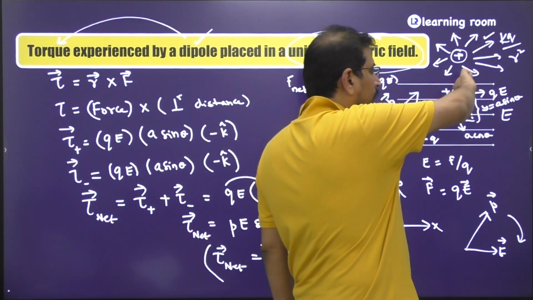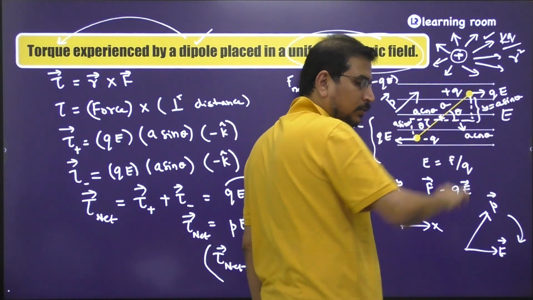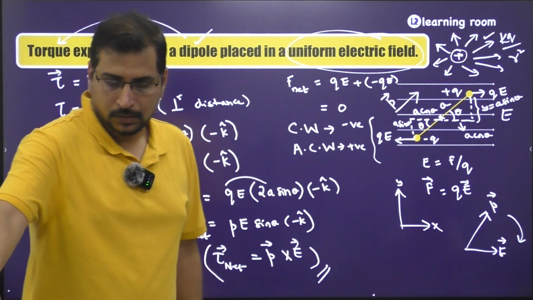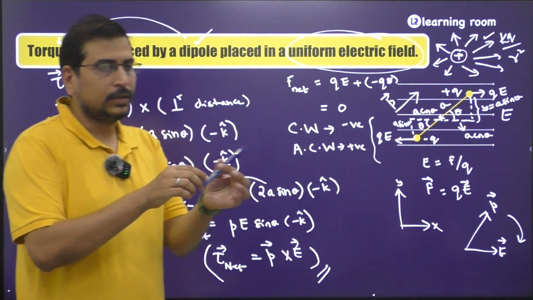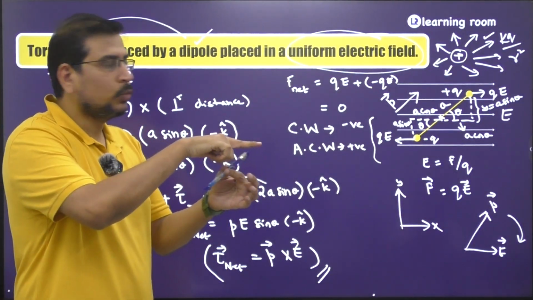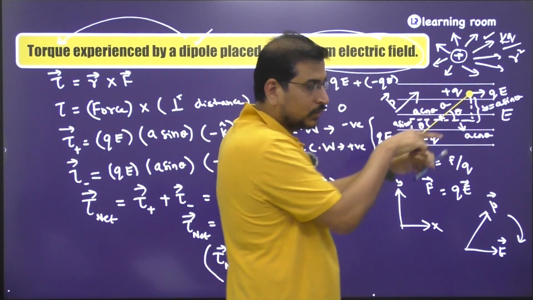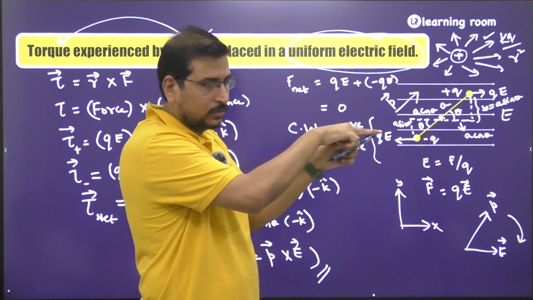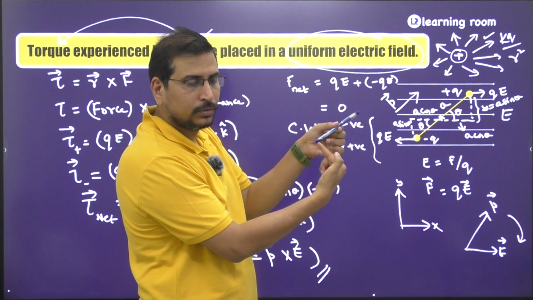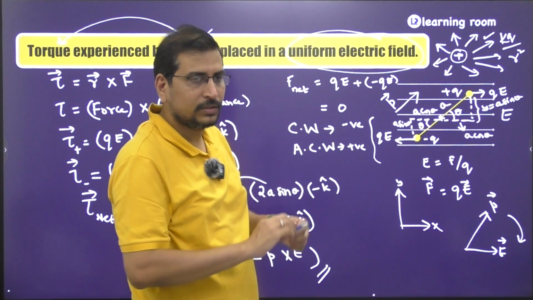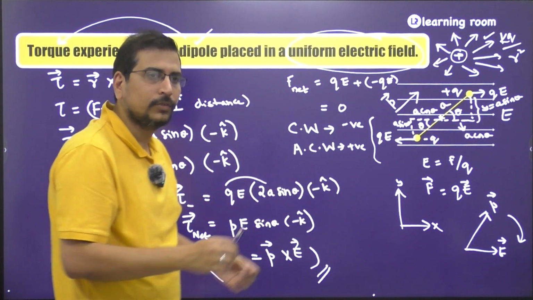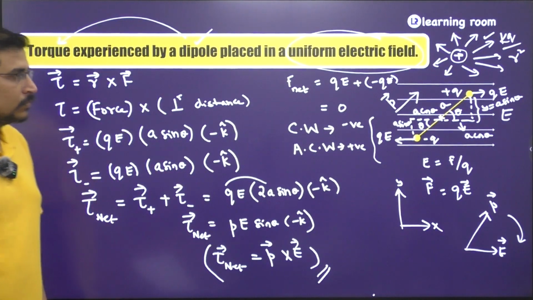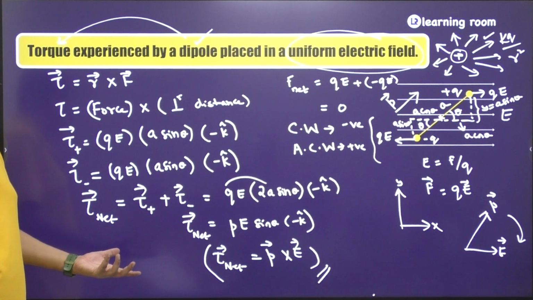This QE will make the system rotate in the clockwise direction. This is the direction of QE. When I apply force like this, see which direction it is rotating. Here I apply a supporting force, and it rotates clockwise. So it is a clockwise moment, that's why minus k cap.